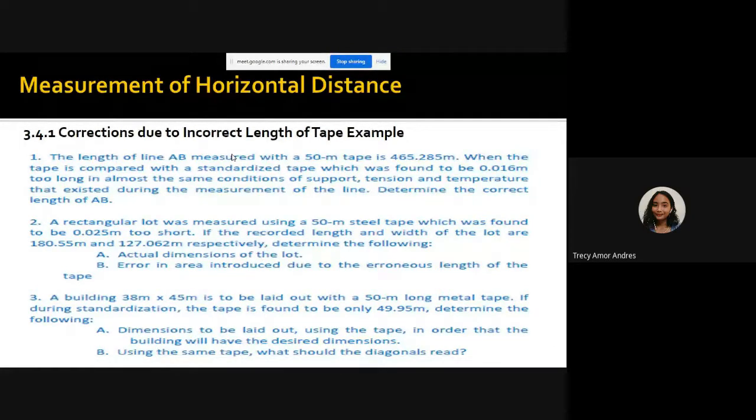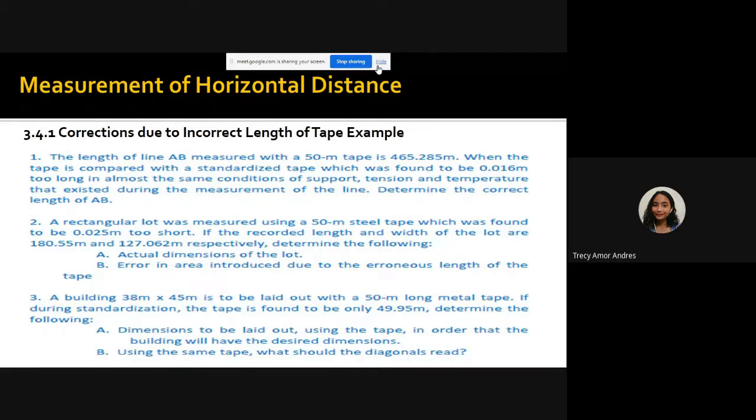A rectangular lot was measured using a 50-meter steel tape, which was found to be 0.025 meter too short. If the recorded length and width of the lot are 180.55 meters and 127.062 meters, respectively, determine the following.